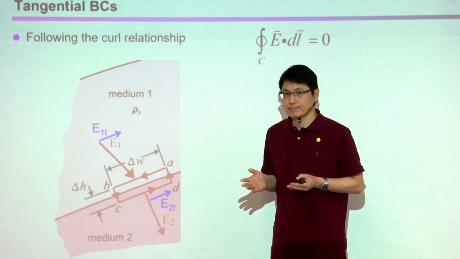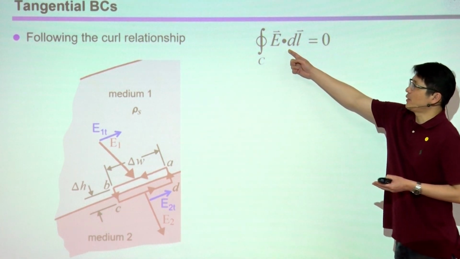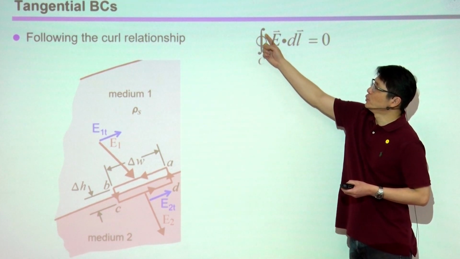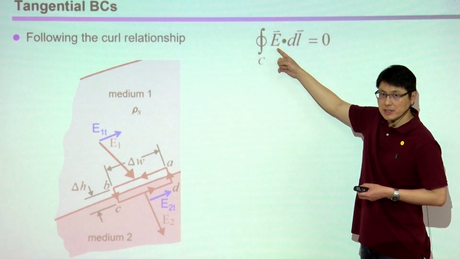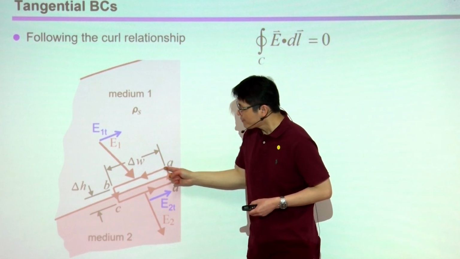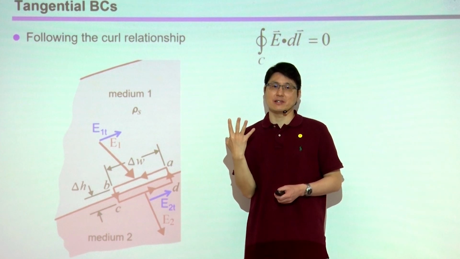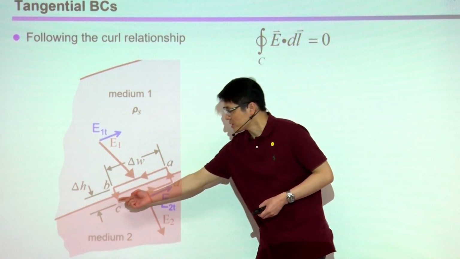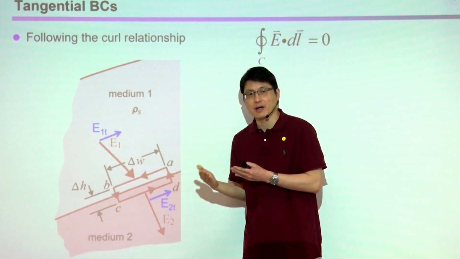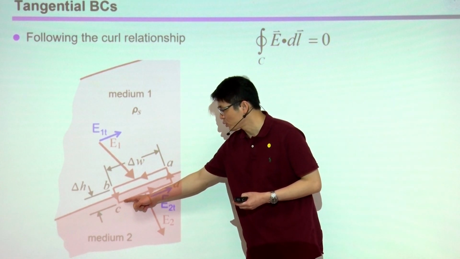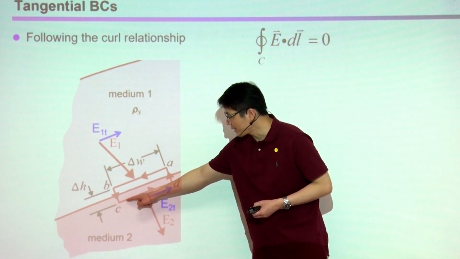Why? Look at this evaluation. A closed loop evaluation of my E field intensity means when I form a rectangle, how many sides do I have? I have 4 sides, right? Each side, I'm trying to calculate the line integration of the field with respect to my differential length. So I have one component.